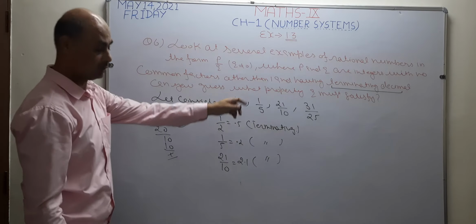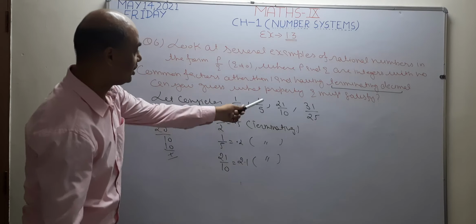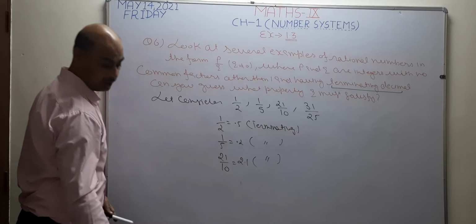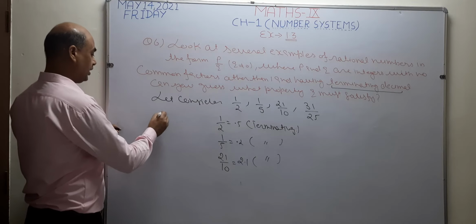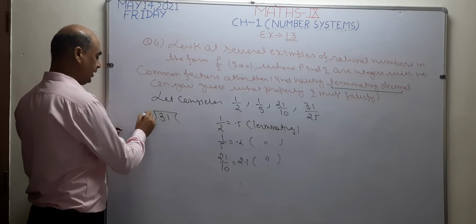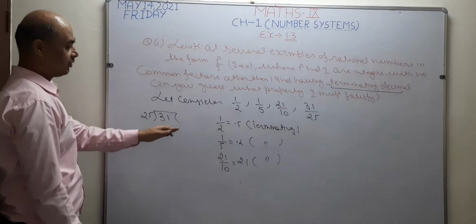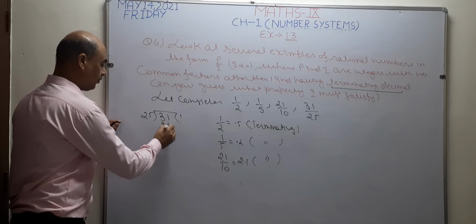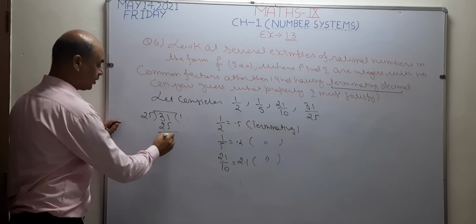Now I want to divide the last number. We have to divide 31 by 25. I am going to divide it by 25 and check whether the remainder becomes 0 or not. Now 25 ones are 25, 31 minus 25 is 6.